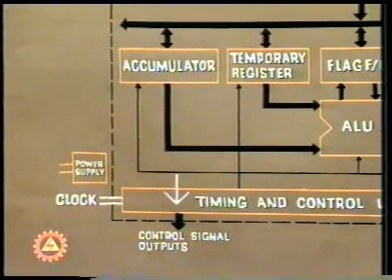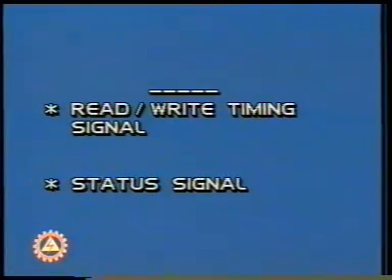The most commonly available signals are read-write bar timing signal for interfacing memory and I/O with the microprocessor, and status signal for providing information about the nature of the instruction the microprocessor is executing.